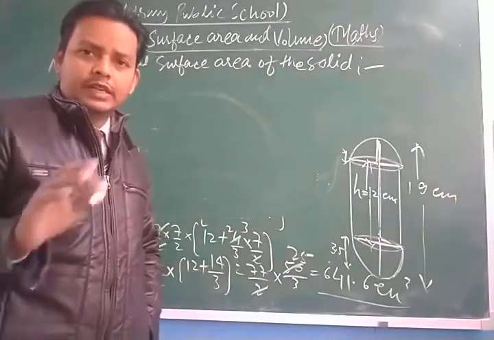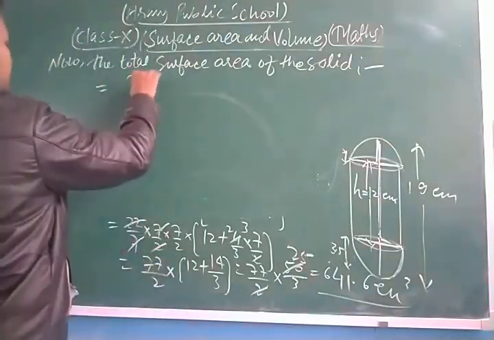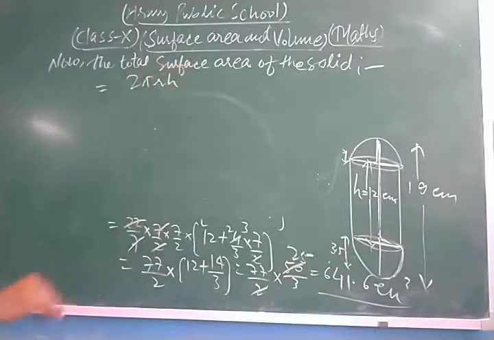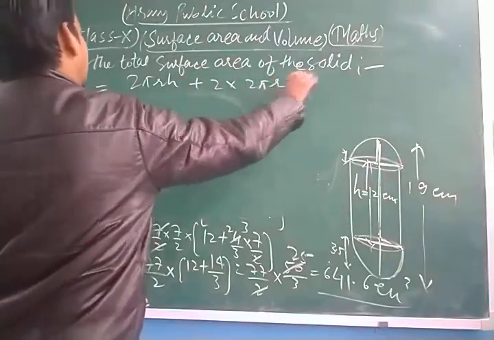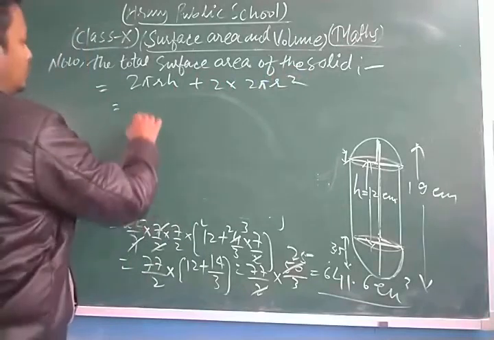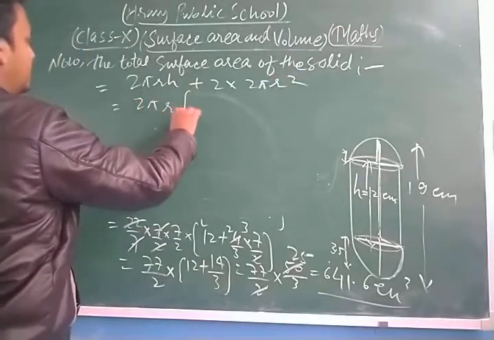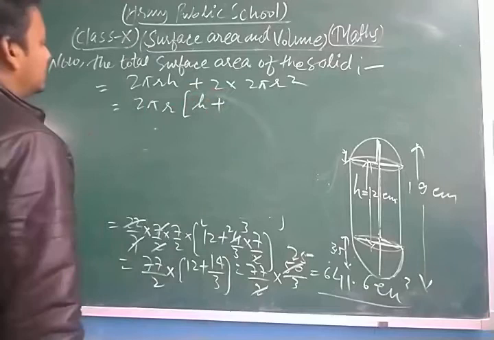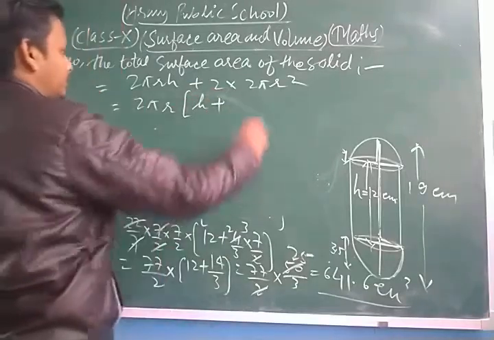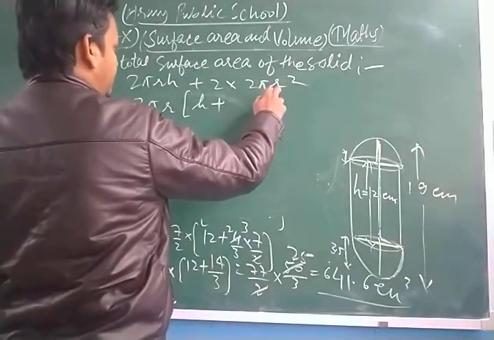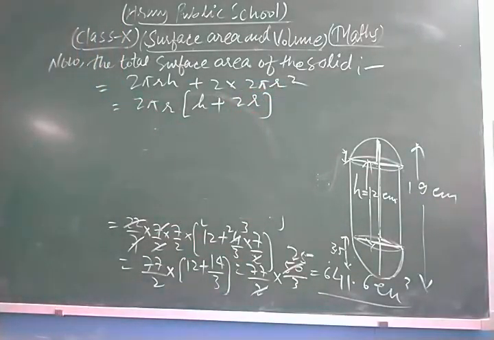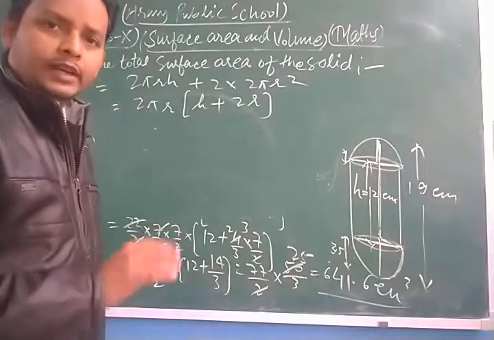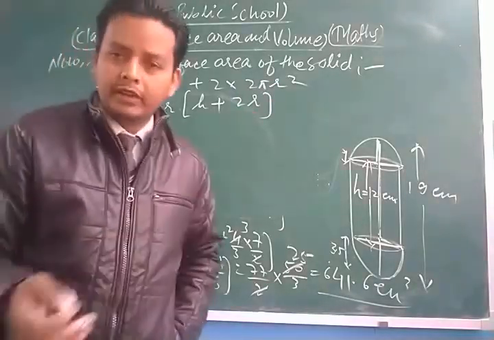Curved surface area of the cylindrical portion, that is 2 pi R H, plus 2 into the surface area of the hemisphere, 2 pi R squared. So now we take 2 pi R common, so we get H plus 2R. Now we put all the values in that formula and simplify them.